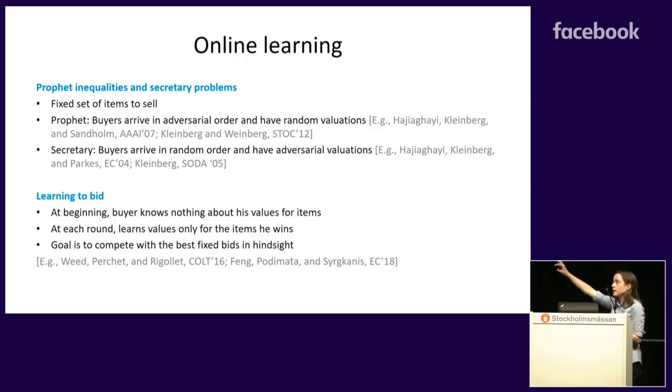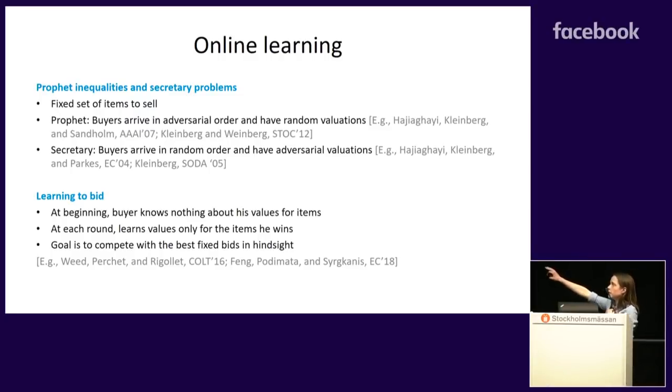And in the profit setting, the buyers arrive in an adversarial order, but their values are stochastic. Whereas in the secretary problem, the buyers arrive in a random order, and they have adversarial valuations. So these are two different takes you can take on this problem of selling fixed items in a repeated auction setting, or in a setting where buyers are arriving online.